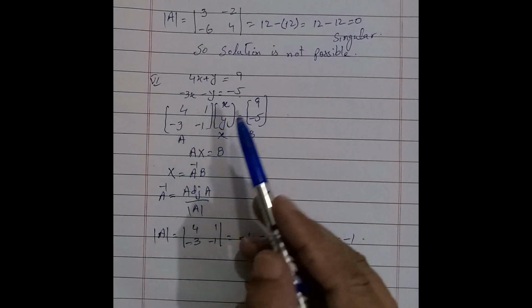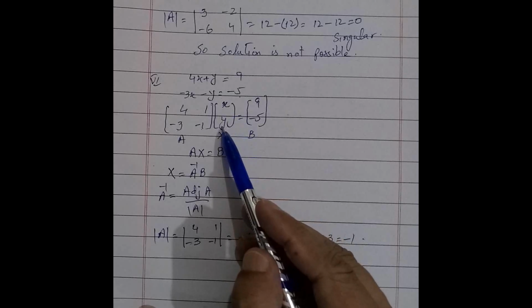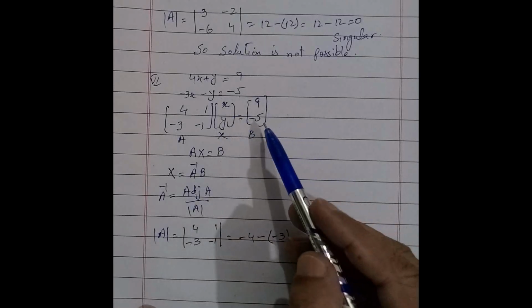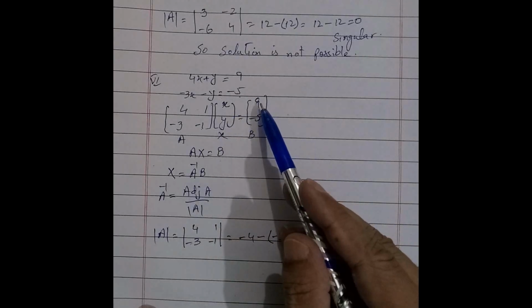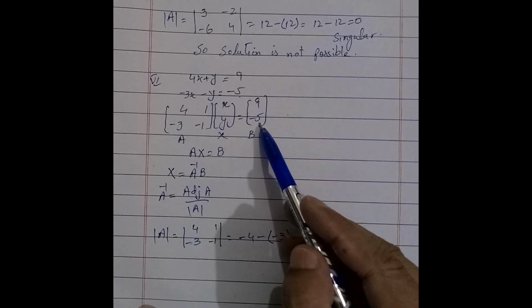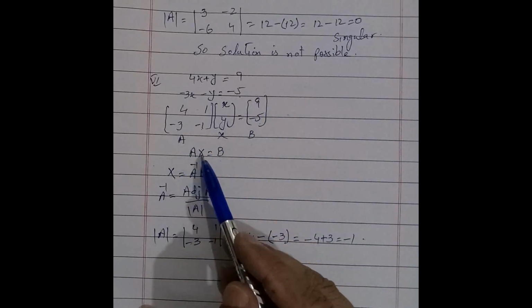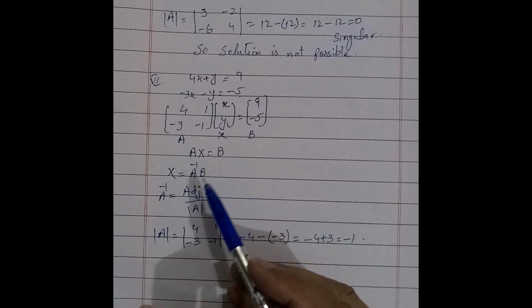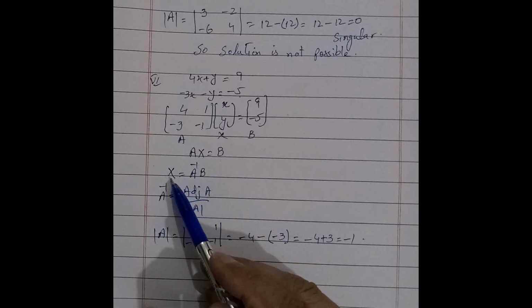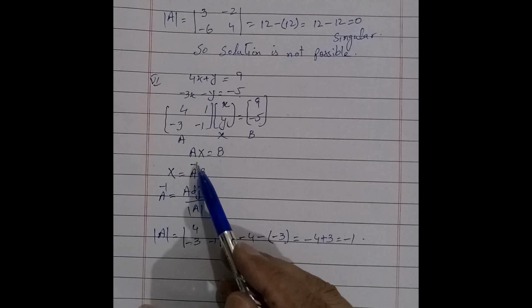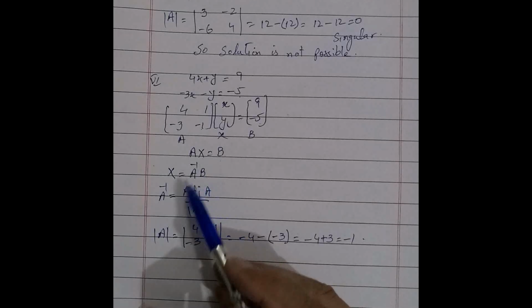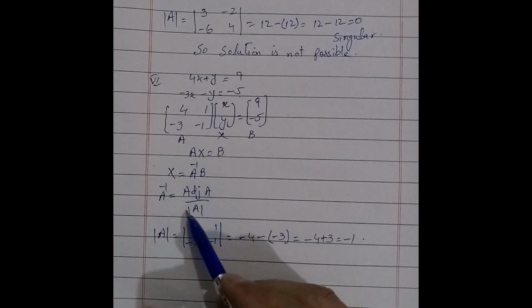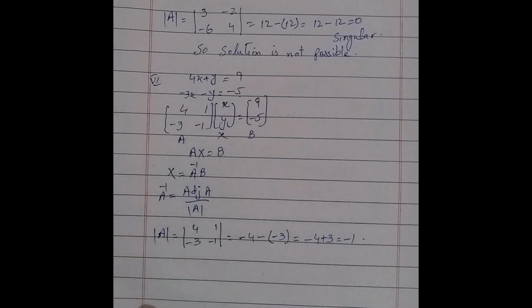It is the A matrix, and the other is the X matrix, whose elements are x and y, equal to the B matrix, whose elements are 9 and -5. We write them AX = B. We find the matrix X, which is equal to A inverse B, and A inverse is equal to adjoint A over determinant A.